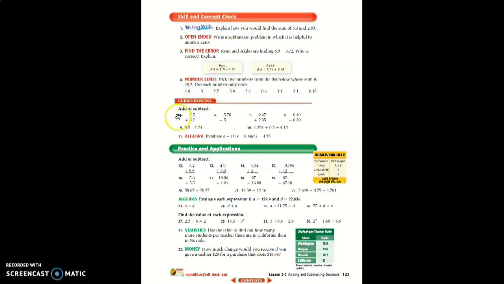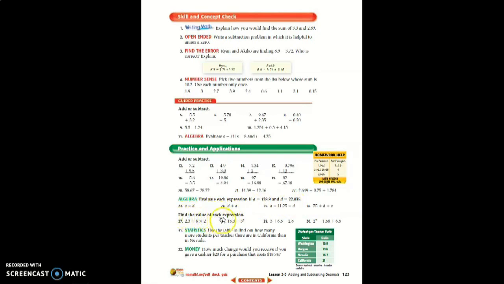Guided practice. Add or subtract. Algebra: evaluate s minus t if s is 9 and t is 4.25. Practice and application. Add or subtract. Algebra: evaluate each expression if a is 128.9 and d is 22.035.